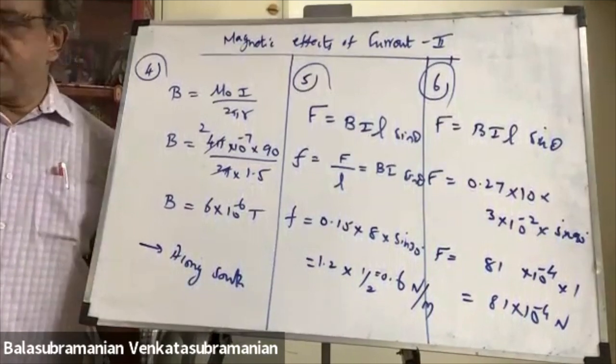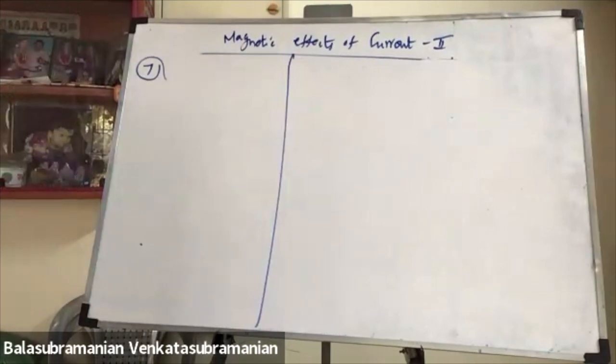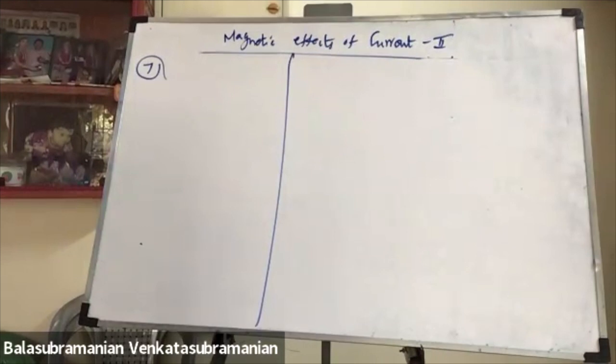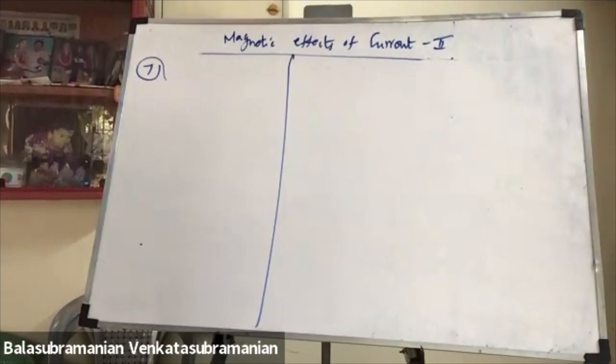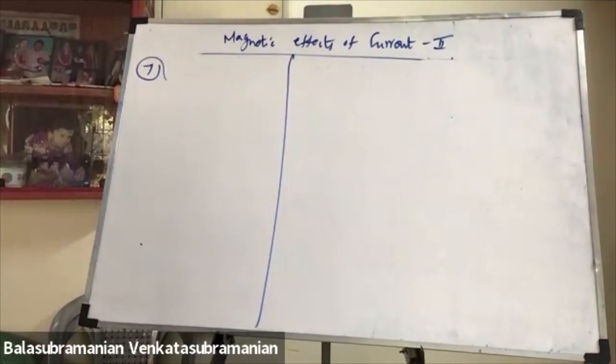Question number 7. Two long and parallel straight wires A and B carrying current 8 ampere and 5 ampere in the same direction are separated by a distance of 4 centimeter.